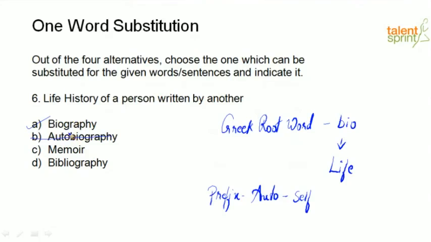So for B, if I break down the prefix auto, I know there are a lot of words, and I immediately try to match words that start with auto and what meaning it generally gives, right? That's one way of looking at it. Okay, so now that we've figured this out, let's move on to our next question.